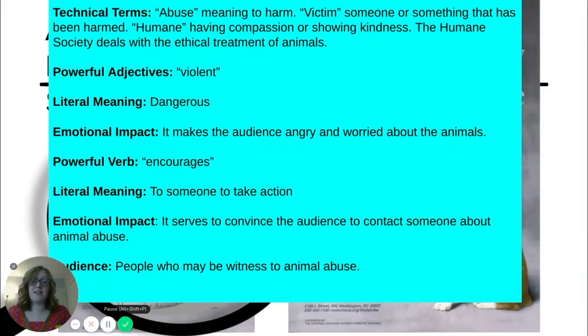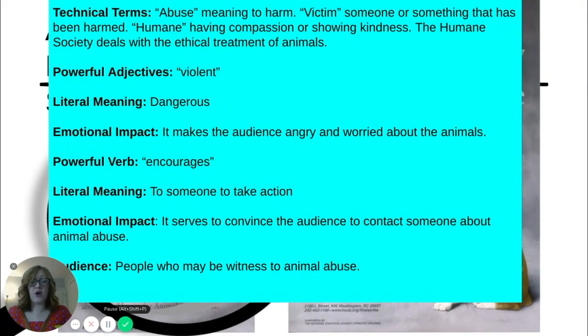The word violent gives a negative connotation or feeling. Violent's literal meaning is dangerous. This shows us that it's dangerous for animals to live in these violent situations. The emotional impact that this advertisement has is that it makes the audience angry and worried about the animals.